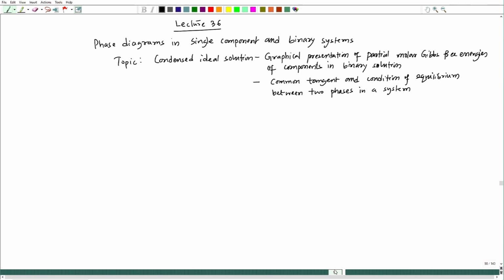Till now what we have seen, we have tried to look at the plots of delta G mix, then we have looked at the plot of solution free energy, as well as what is the unmixed condition free energy of those components. And then we started looking at the pure condition, how the free energies will be placed on free energy versus composition plot.